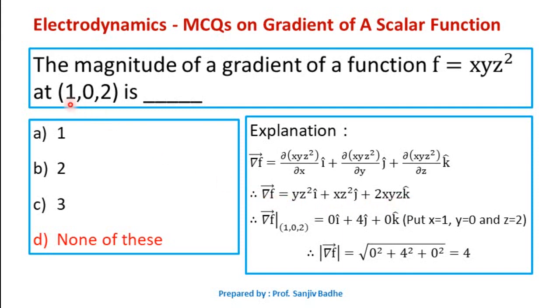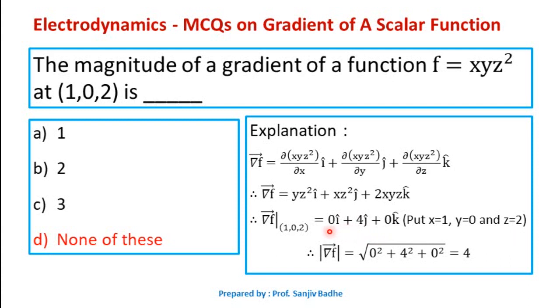Now we want to find out gradient of this function at point 1, 0, 2. So let us put x is equal to 1, y is equal to 0 and z is equal to 2. So when you substitute, we will get this gradient of function f as 0 i cap plus 4 j cap plus 0 k cap.